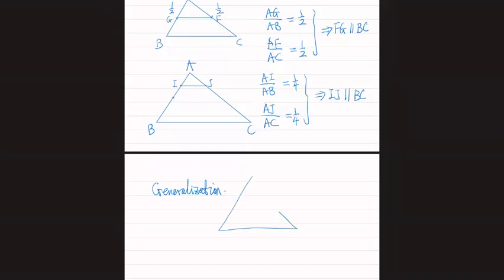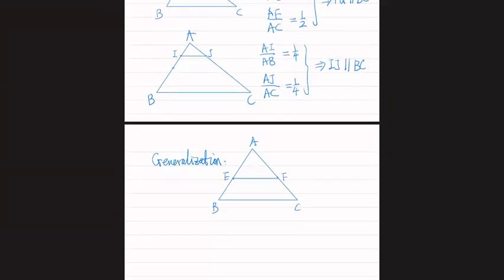So the generalization: a general triangle ABC, a general line EF. If AE over AB equals AF over AC, then EF is parallel to BC.